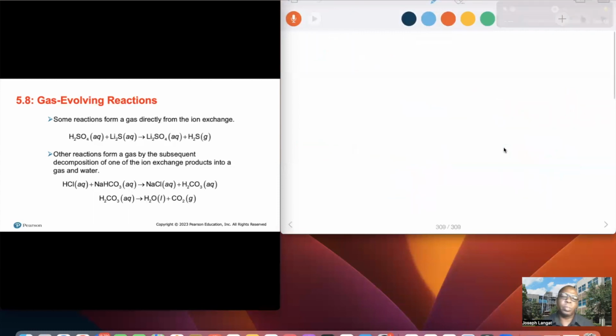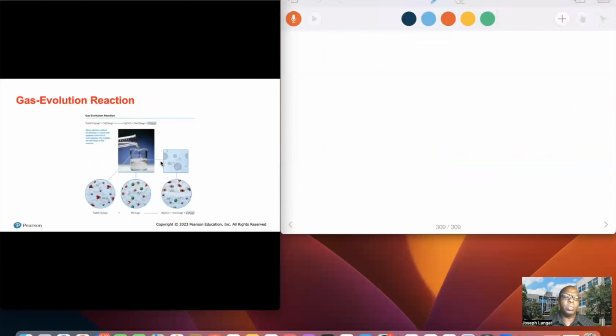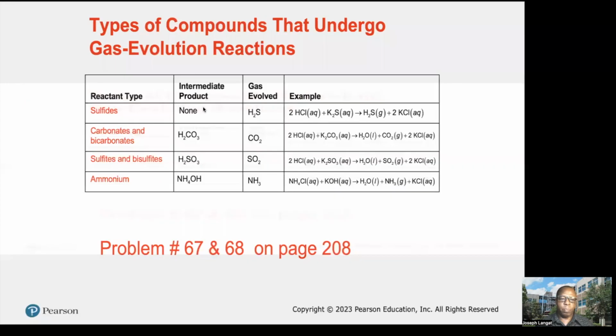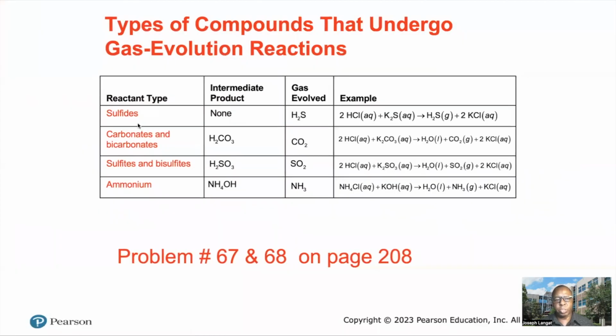So carbonates produce CO2 gas. This is a gas producing reaction. With HCl, you see the fizzing indicates that gas is produced. These are the four types of compounds you need to remember, and what they produce.